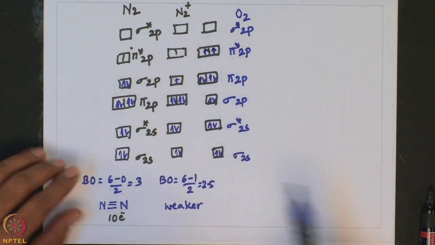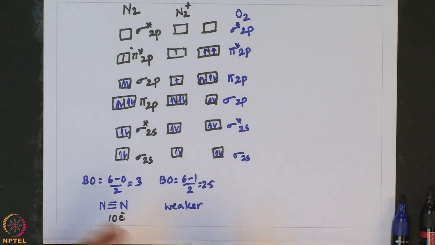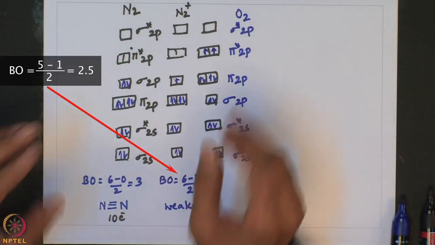So that means 2 unpaired electrons are there. Because of this, you can say clearly oxygen is paramagnetic and it has 2 unpaired electrons. So one can calculate the magnetic moment mu using the square root of s into (s plus 1) formula, and this clearly indicates why the O2 species is paramagnetic.